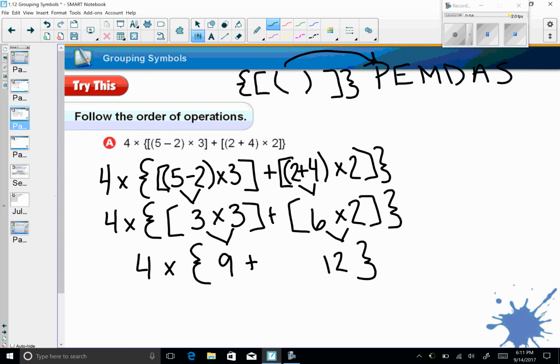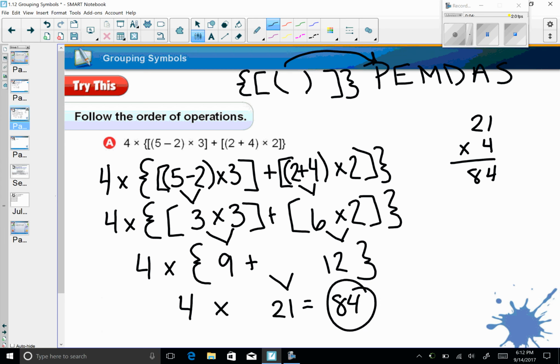All right, so now I'm left with the braces. 9 plus 12 equals 21. Bring down my other operations. So 4 times 21. If you're unsure, you would go off to the side, and that would be 84. And so my answer is 84.